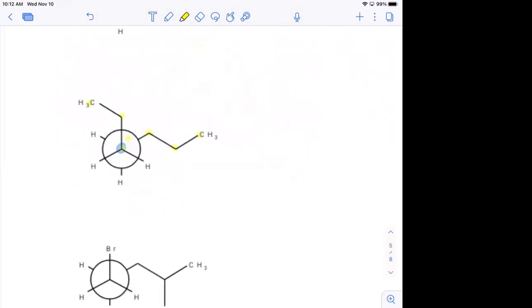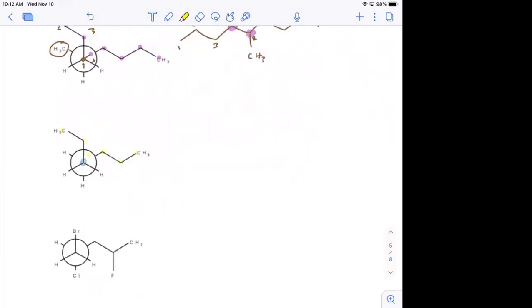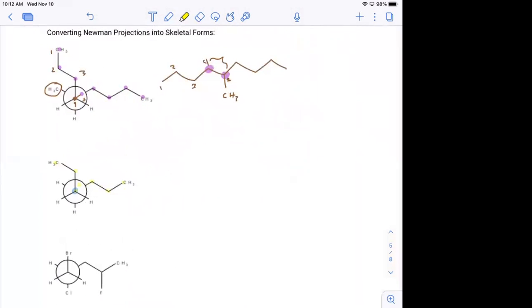So what would that look like in a skeletal form? As just like a straight chain, because there's no other substituents on there.